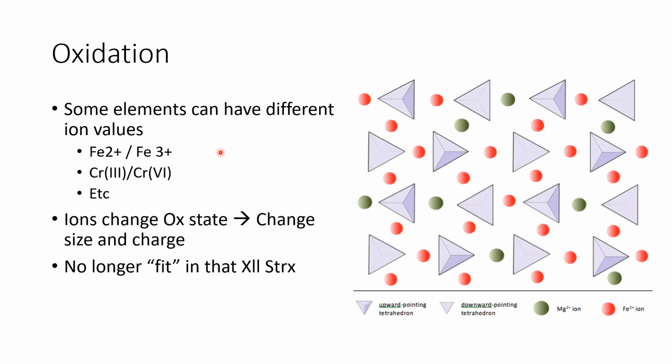So in the case of iron, you can have iron 2+, or you can have iron 3+. Those are sometimes called ferrous for iron 2+, and ferric for iron 3+. So there are different versions of iron.